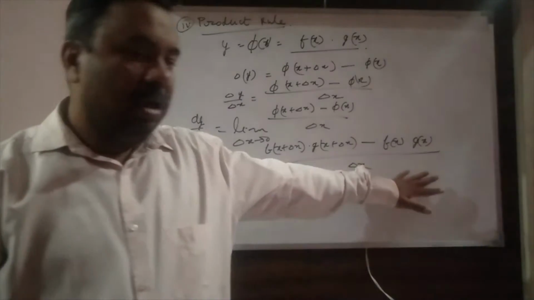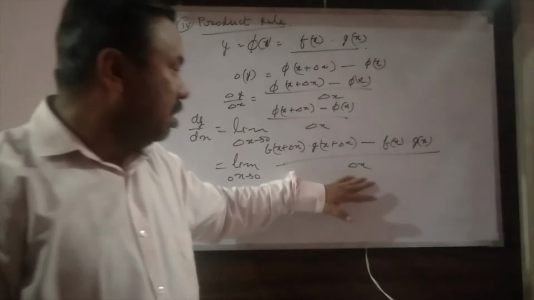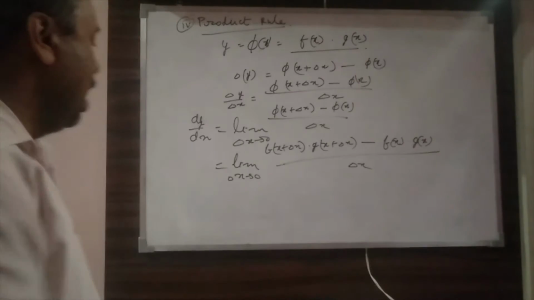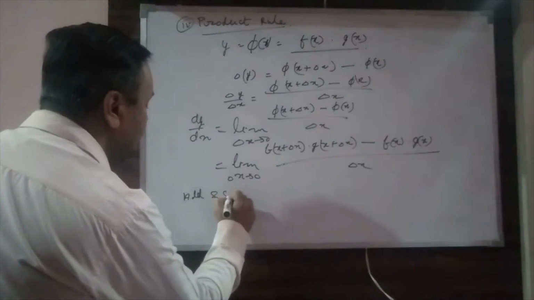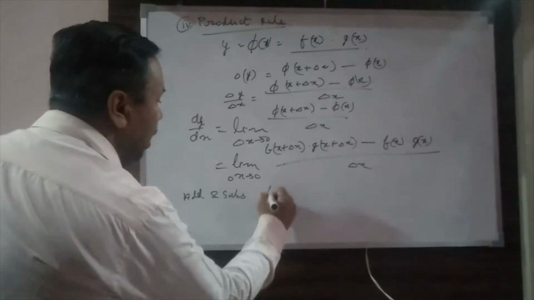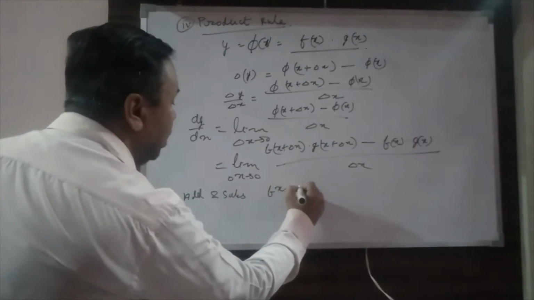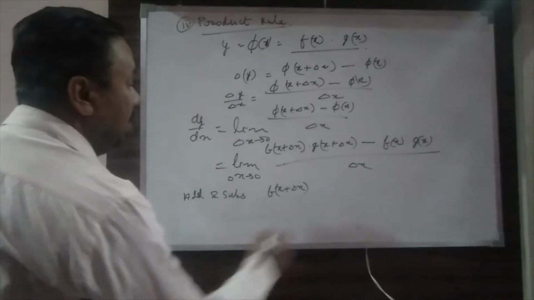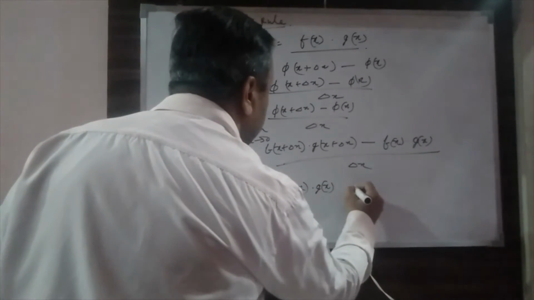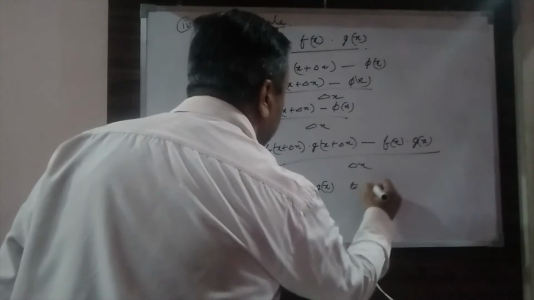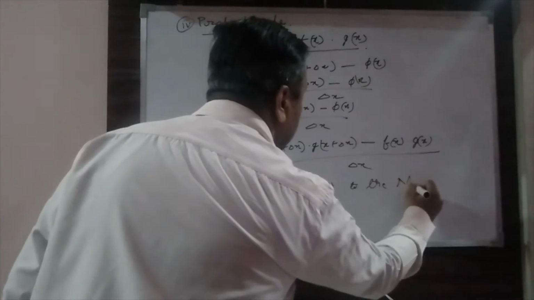Okay, this is what we are getting. Now I will add and subtract f(x + Δx) multiplied by g(x) to the numerator.